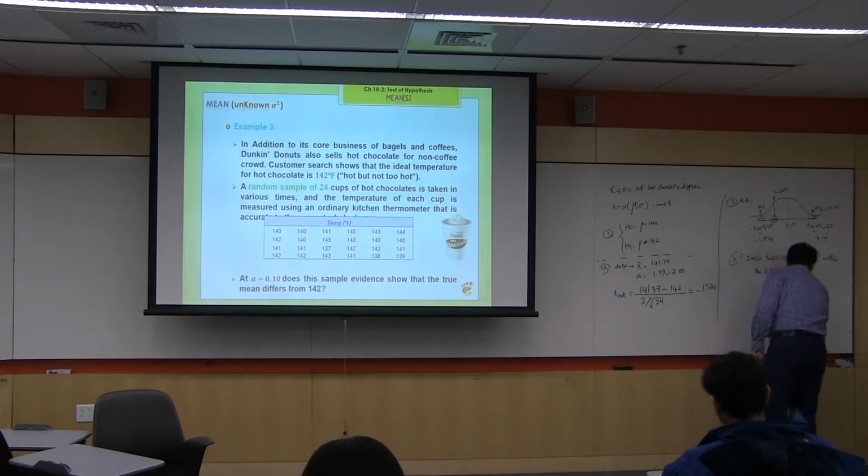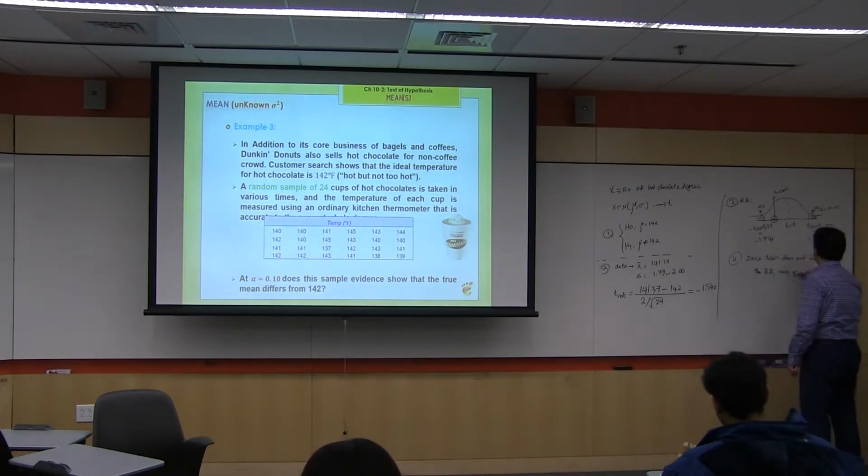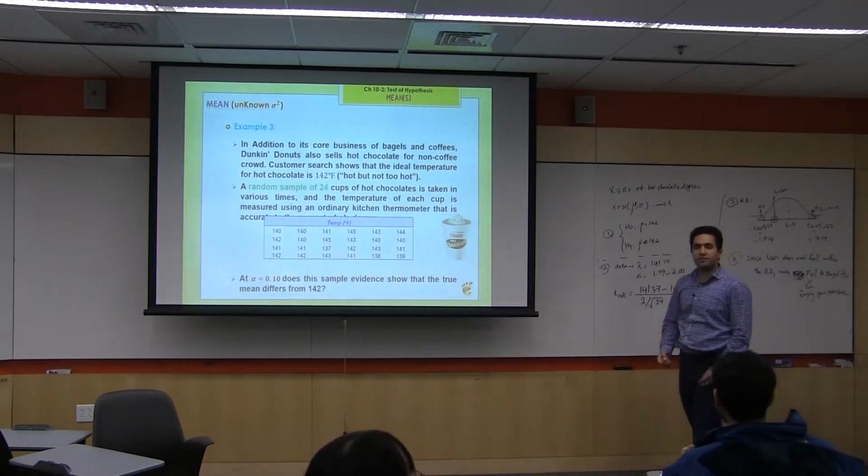We failed to reject the null. Is that right? Which means what? The mu is 142. Enjoy the hot chocolate. Yes. Enjoy your hot chocolate.